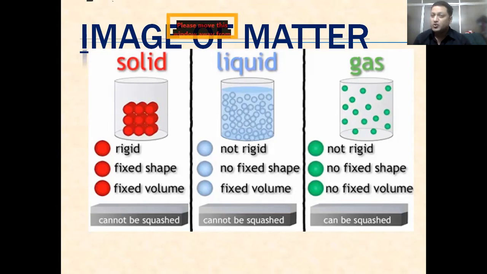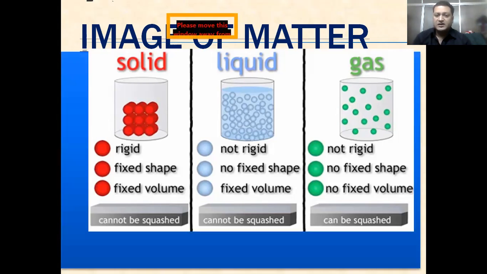But what do gaseous matters have? It doesn't have the other characteristics, like true shape, true volume, or rigidity, but it has only one point, that is, it has weight. Let's see what the next slide will be.